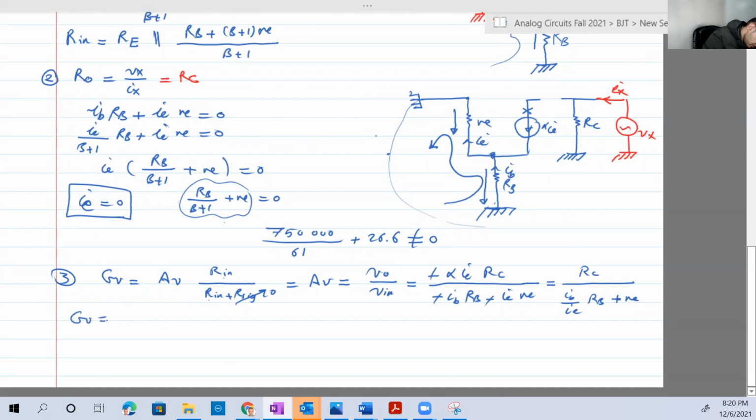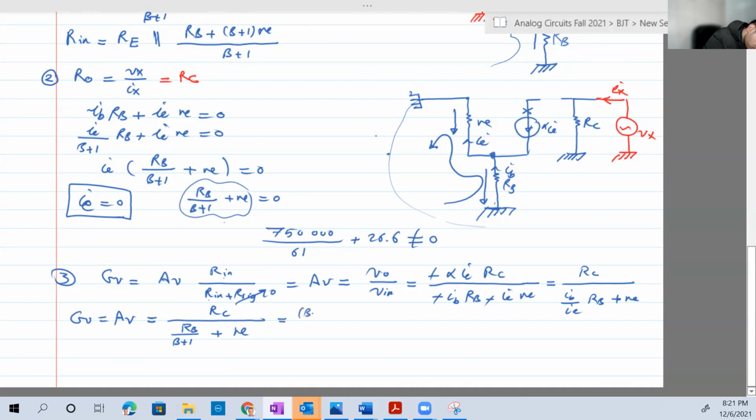So GV equal to EV equal to RC over, with IB over IE being 1 over beta plus 1, RB over beta plus 1 plus RE small. We can multiply by beta plus 1 in both numerator and denominator.